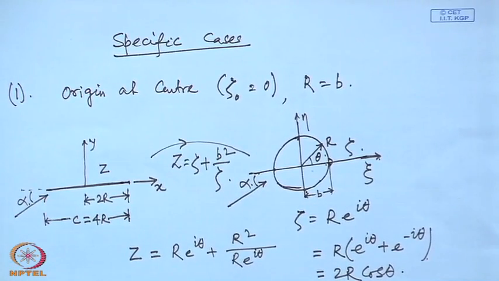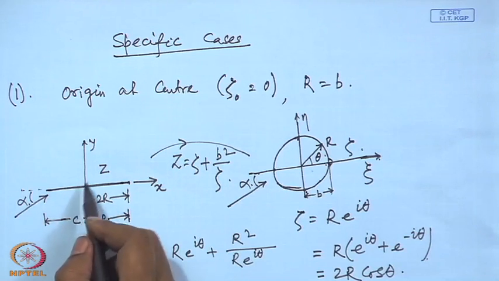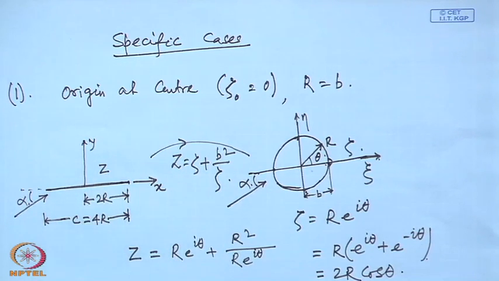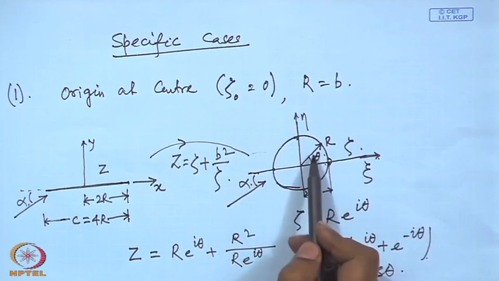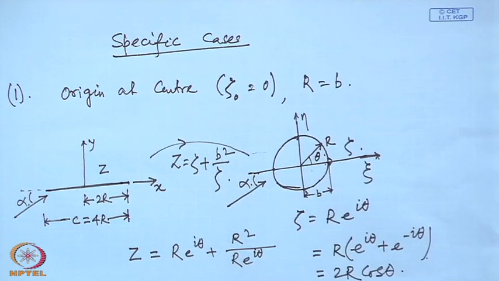All other flow properties, that is the flow velocity on the transform plane, that is on the z plane, that is flow velocity over the flat plate airfoil, can again be obtained using those formula that we have already developed. Velocity on the circle divided by that dz d zeta.